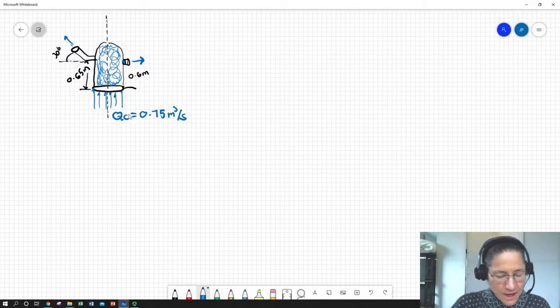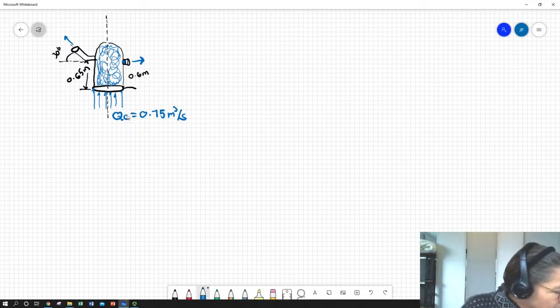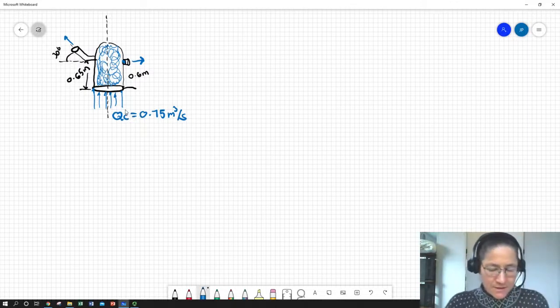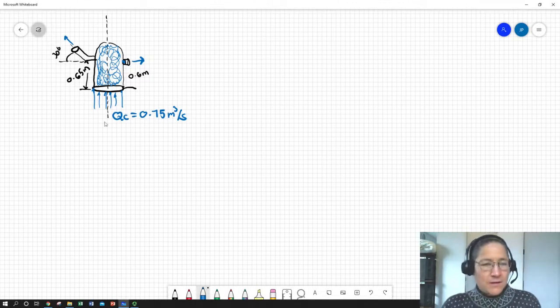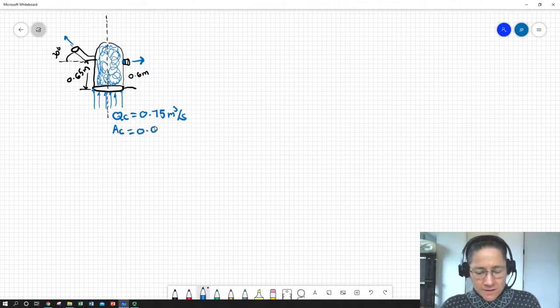And we've got an area down there at point C. We're given a diameter from which we can calculate an area, and I'm just going to write down the area at C is a certain number of square meters, 0.01767 meters squared.